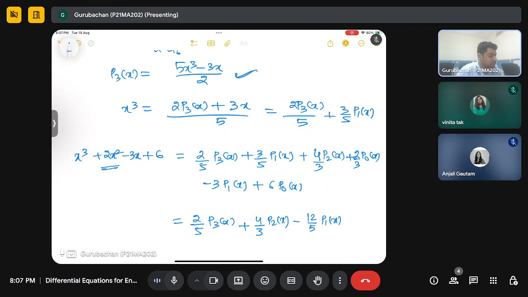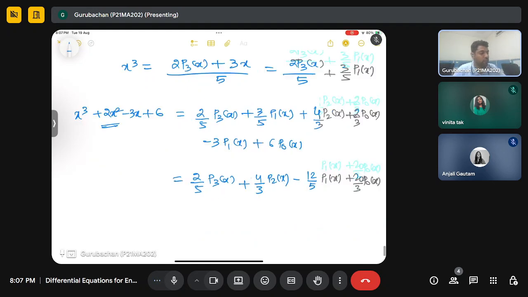Now the left part, with this 3, 6, 18 plus 2 is 20 by 3 P0(x). So we have established this in terms of Legendre polynomials.